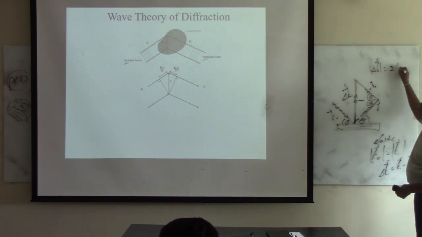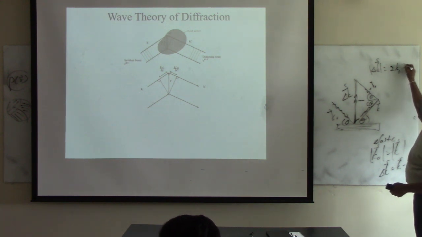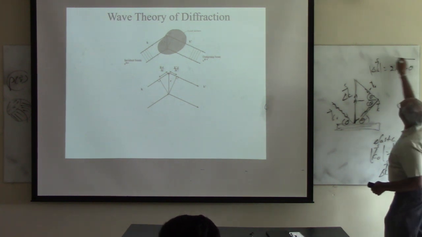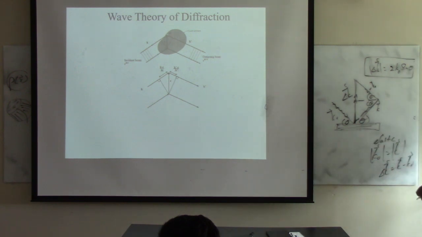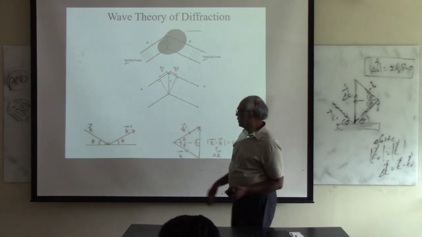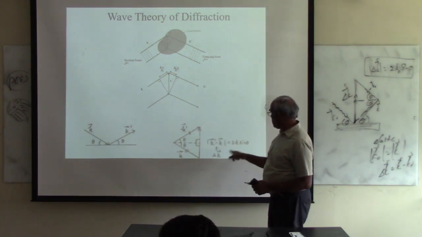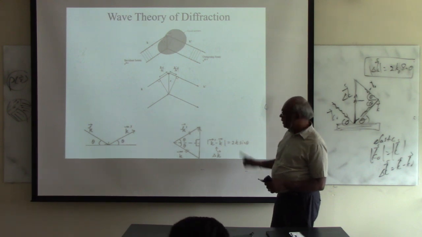So 2K, or K0, the magnitude is the same, times sine theta. That is delta K. Isn't it? So you can see here, this is K0 and K, so your difference will be simply 2K sine theta.